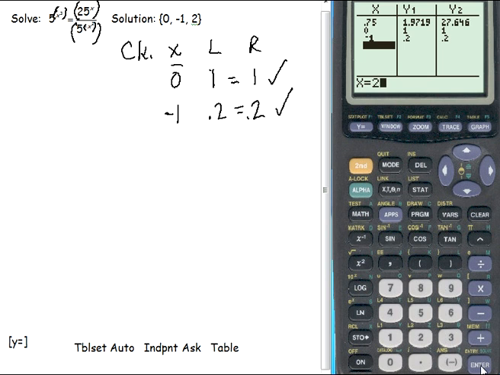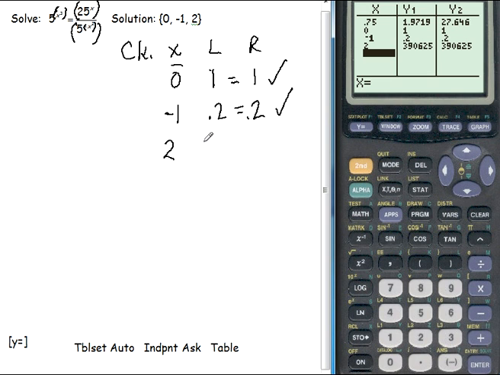Hit 2 and enter, and we get a different kind of value, but both the left and right side are equal to 390,625. And so that's what you want to see when you substitute the values in, that they make both sides equal. So we really do have 3 solutions to this equation, and they are 0, -1, and 2.